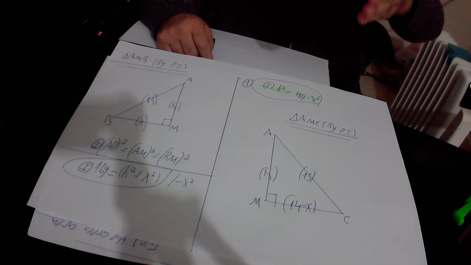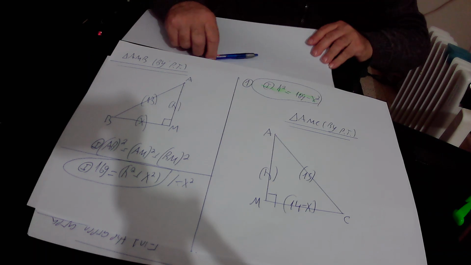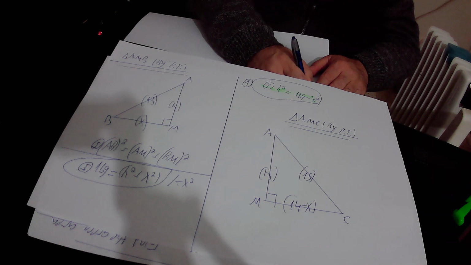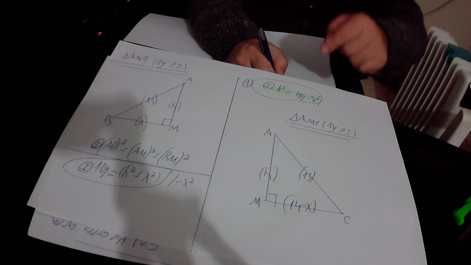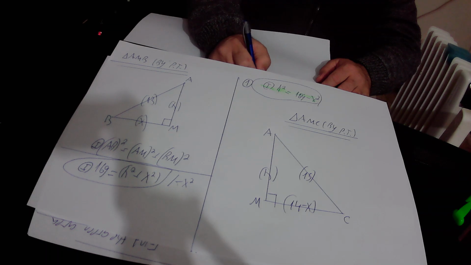So in this right triangle AMC, we will get, this will be equation number 2, AC square equals AM square plus MC square.